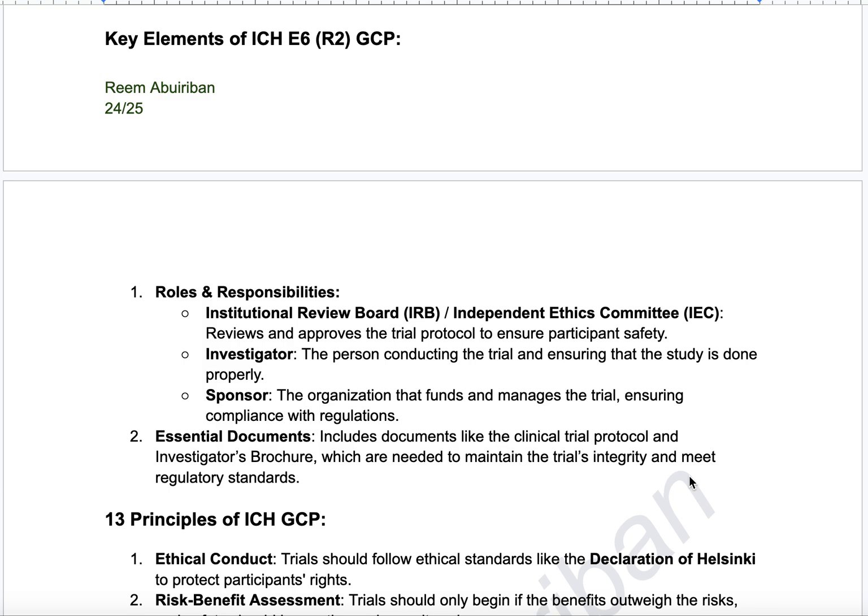The sponsor is the organization that funds and manages the trial, ensuring compliance with the regulations. Essential documents include documents like the clinical trial protocol and the investigator brochure, which are needed to maintain the trial's integrity and meet regulatory standards.